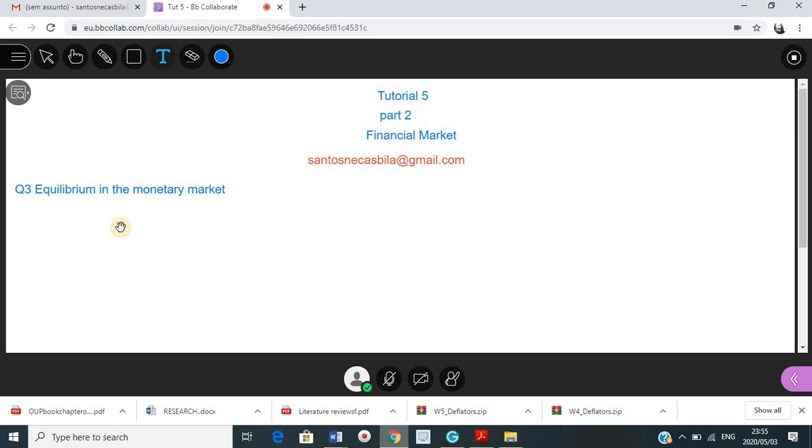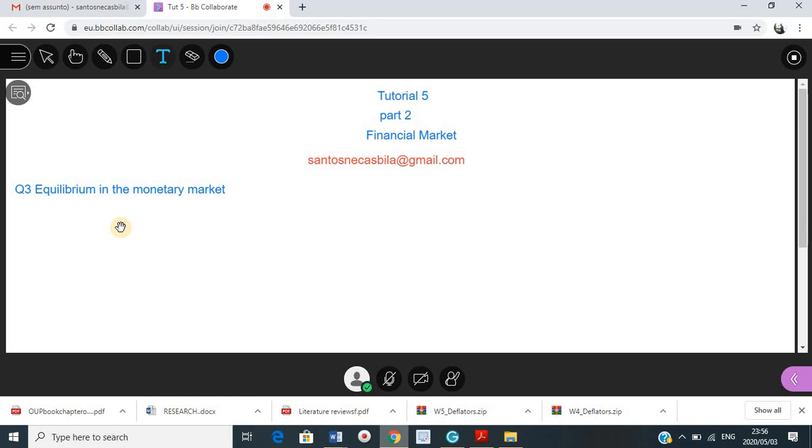For the central bank to get the market in equilibrium, they are going to either increase or decrease the repo rate, depending on the situation of the market at that moment.